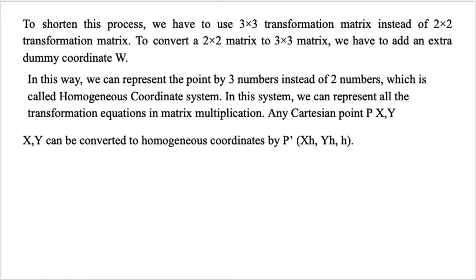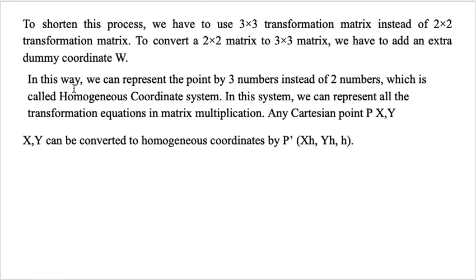To shorten this process, we use a 3 by 3 transformation matrix instead of a 2 by 2 transformation matrix. To convert a 2 by 2 matrix to a 3 by 3 matrix, we have to add an extra dummy coordinate, w.